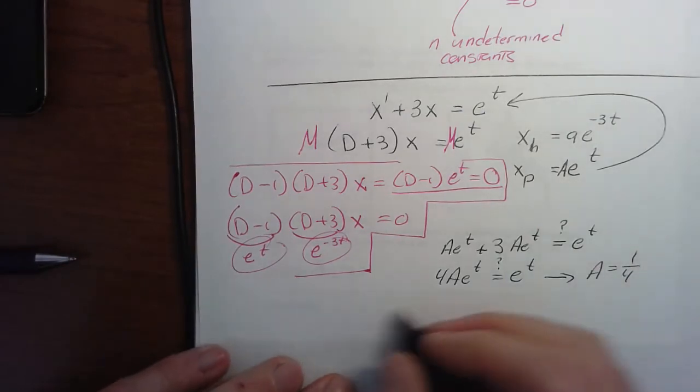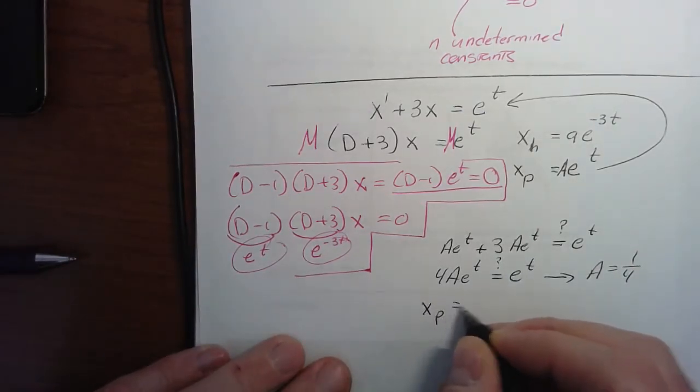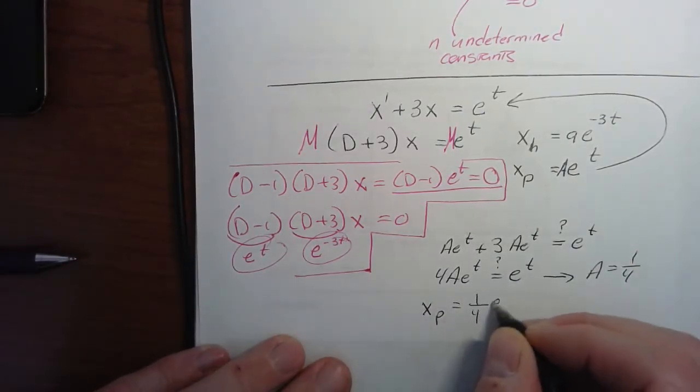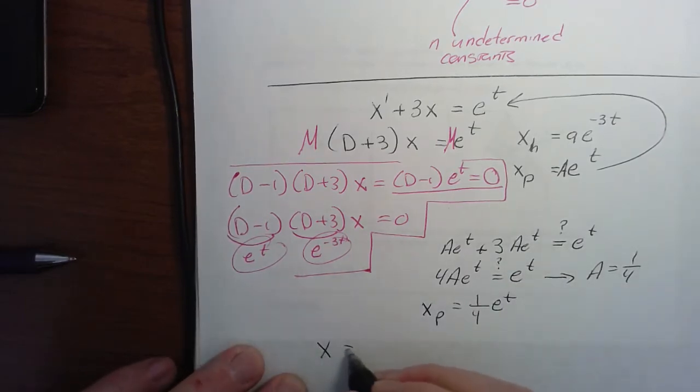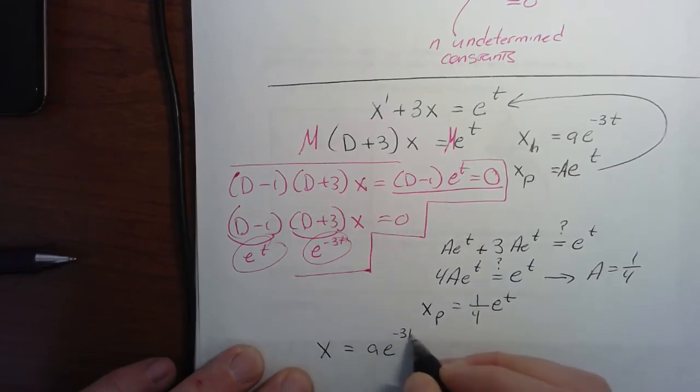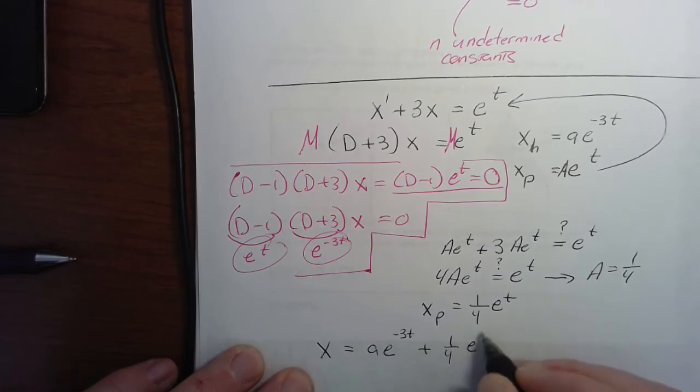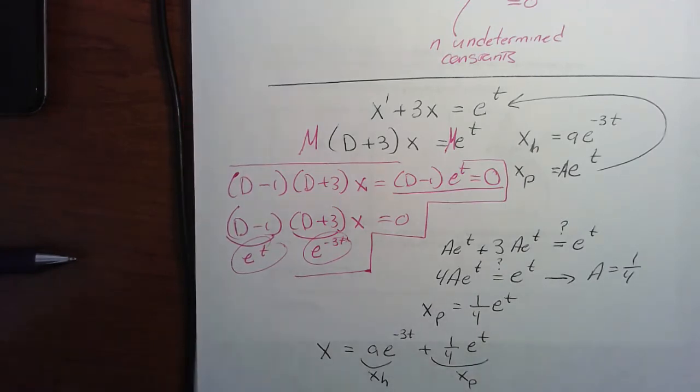So this is my particular solution then, 1/4 e to the t. And then my general solution is going to be my homogeneous a e to the minus 3t plus 1/4 e to the t. So here's my x of h, here's my x of p. We're going to do a couple more examples.